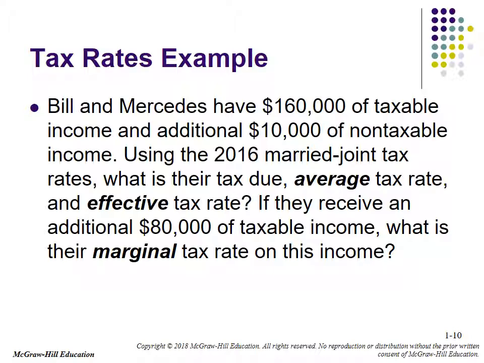Using the 2016 married joint tax rates, which are in your book on page 1-6, what is their tax due, average tax rate, and effective tax rate? Then we will see, if they receive an additional $80,000 of taxable income, what is their marginal tax rate? So we've got a whole bunch of stuff to do here. This is a great example. Let's take a look.